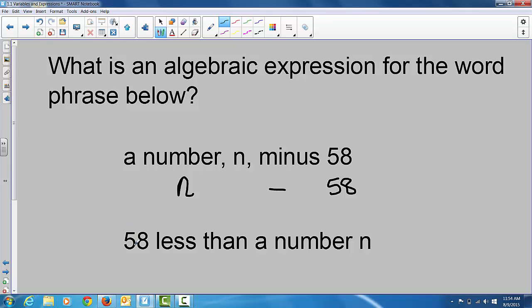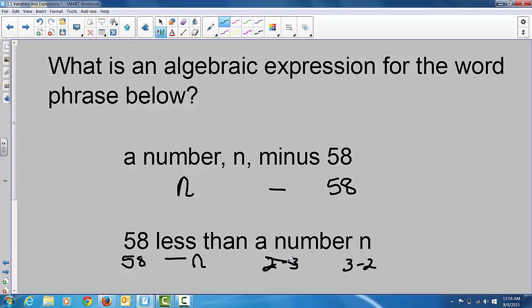This is an example of one that you can't do that on. This is 58 less than a number n. So if we write 58 less than a number n, would that be correct? Now let's think about this. What is 2 less than 3? If we've got 3 and we have 2 less than 3, we would have 1. How did we get to 1? We went 3 minus 2.